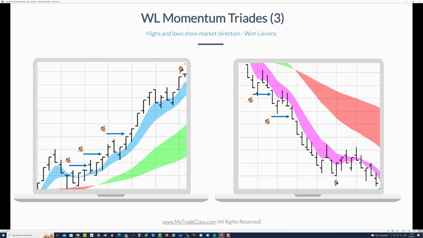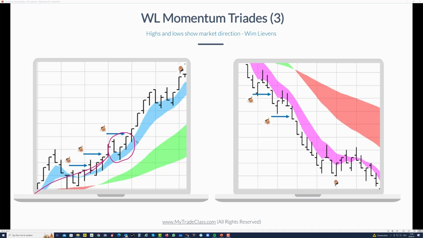Let me explain this to you. This is, let's say, the market moves very, very fast here, has been going up from here. This is a hesitation because here you see there's a triad here. See this? So just for a second sometimes, I say, I hesitate a little bit before it goes further.